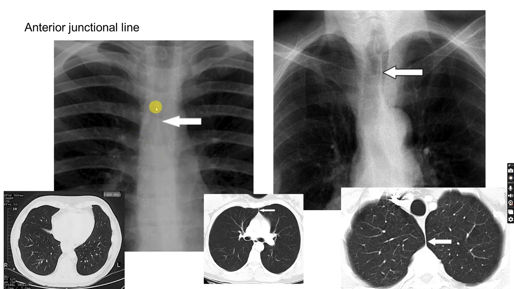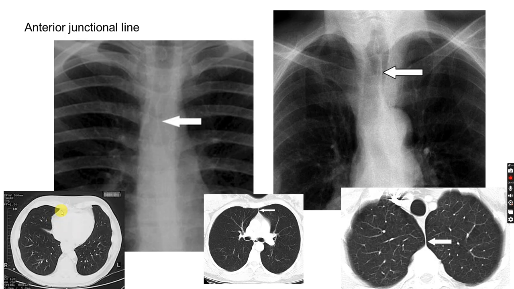And remember, anterior junctional line will be inferior. You can remember AI, artificial intelligence, for that. Anterior junctional line will be inferior to the posterior junctional line. And this anterior junctional line will end when the heart starts coming in the picture, when we go from the cranial to the caudal on the CT.